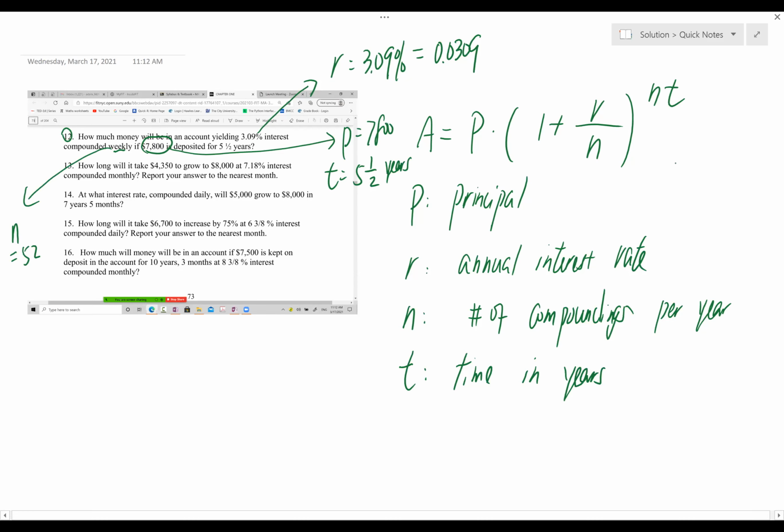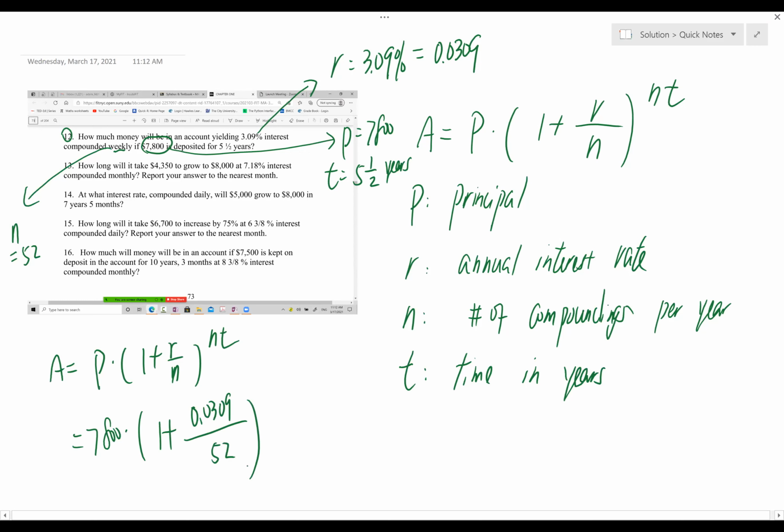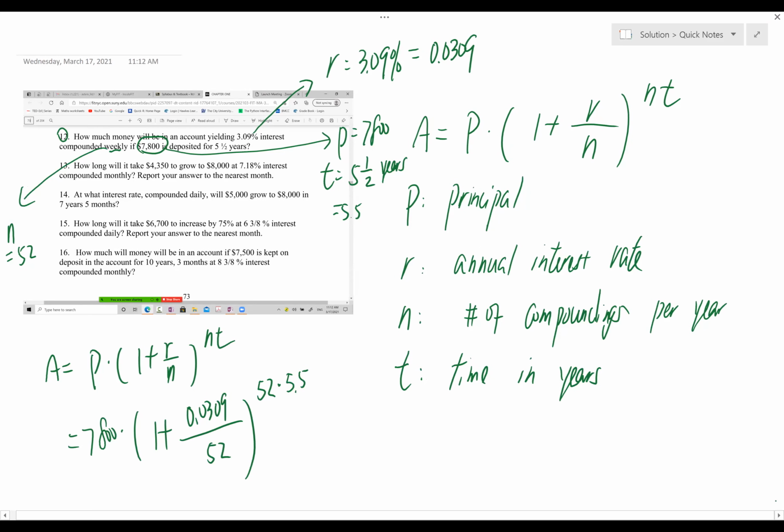Then you can just plug into the compound interest formula to get the ending balance. A equals P times 1 plus R over N to the nt. Plugging in the numbers, principal is 7,800 multiplied by 1 plus the annual interest rate 0.0309 over 52, and the exponent is 52, the number of compoundings per year, times 5.5 years.